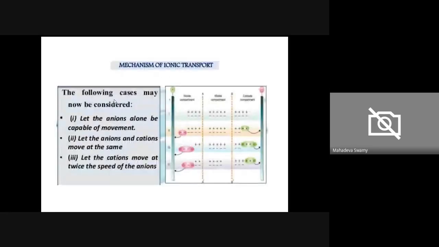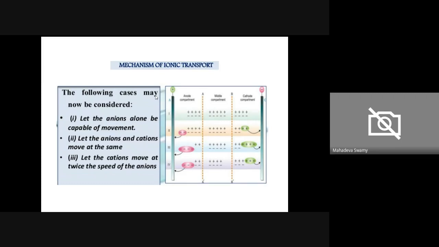Just see the mechanism, how Hittorf explained it in his rule. In this Hittorf method, you take a cell with compartments. Generally, any cell, such as a Daniel cell, or a cell for potentiometry with a calomel electrode and a platinum electrode dipped into the solution, contains compartments.